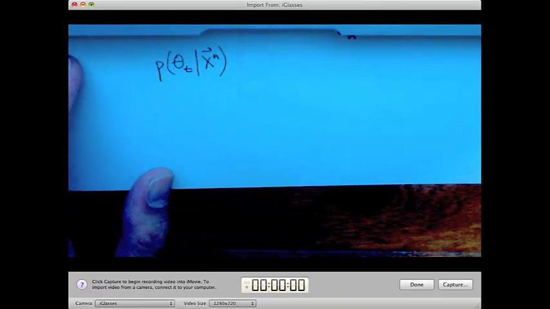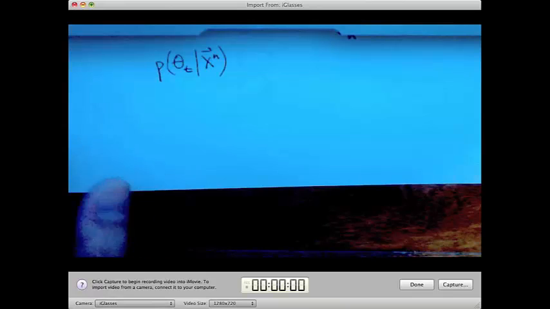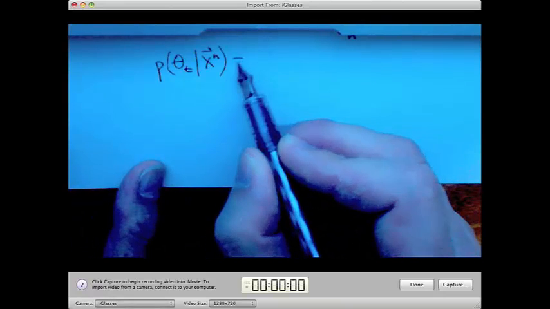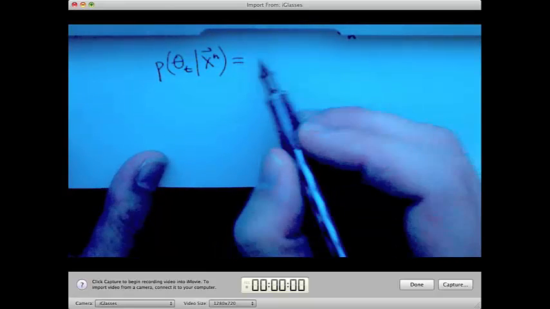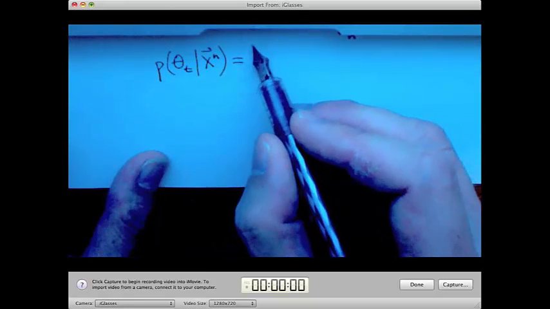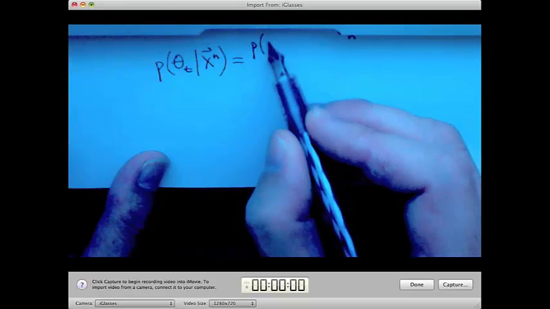So let's apply Bayes' law to that. Let's write it in the simple form that we used in the previous case, of just the joint probability.